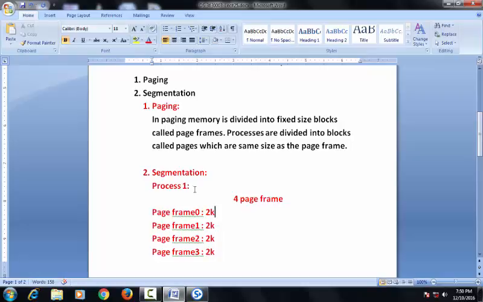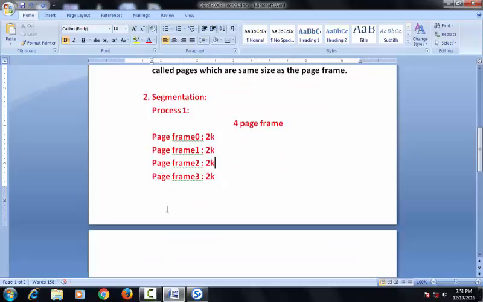So a process divided into equal size pieces is called pages, and the memory is divided into fixed size blocks. Page frame 0 will be stored in a block of size 2K. So equal size memory units are called blocks, and equal size pieces of a process are called pages.